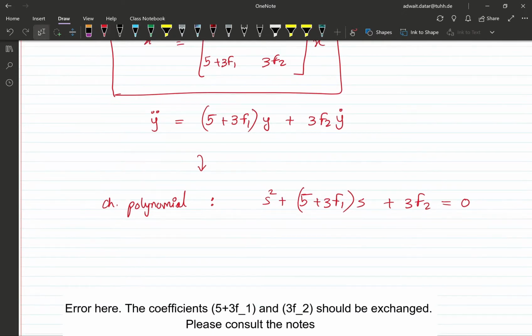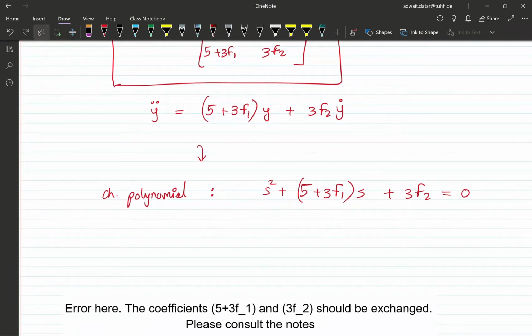Now we also know that the optimal closed loop poles are at P1 and P2.